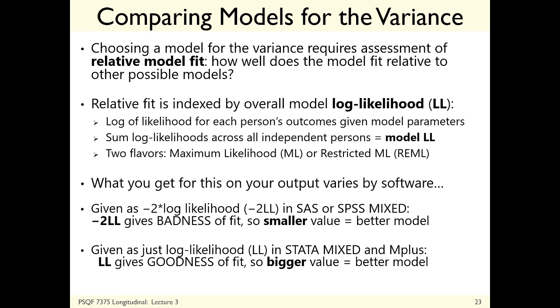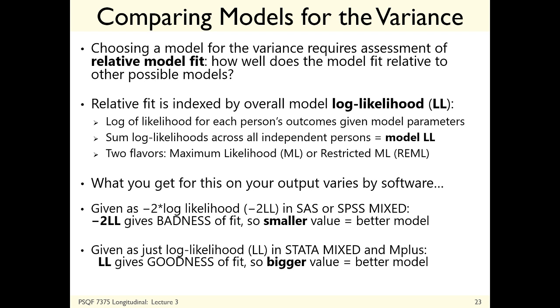We don't need to do anything with respect to log likelihood to answer questions about fixed effects. Each fixed effect gets tested against a null hypothesis of 0. That's a univariate Wald test. And a set of fixed effects, such as an omnibus main effect of group or a set of predictors making the model better to test change in R-squared, that's a multivariate Wald test done either as an F or a chi-square.